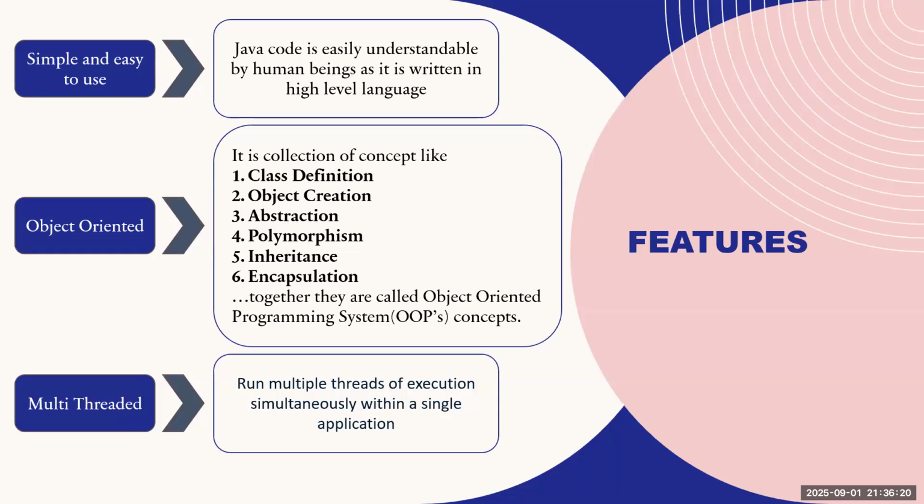So performing multiple tasks at a time is called multi-threading in Java. Task means threads, so performing multiple threads at a time is called the multi-threading concept. Take an example: Google Chrome. Chrome is the browser, and on it you can open multiple tabs.